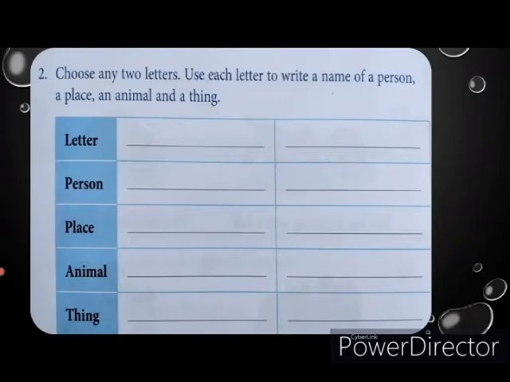Can we start? The first letter that I am going to choose is letter D. And a person starting with D is doctor. And a place, I wish to write Delhi. Then animal, I will write dog. Then thing. What is the easy thing that we can see around?